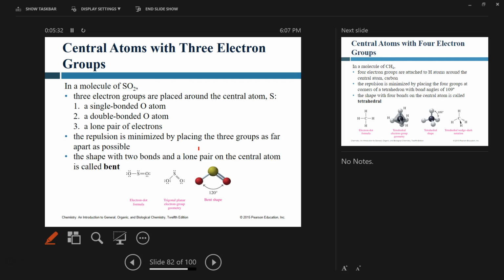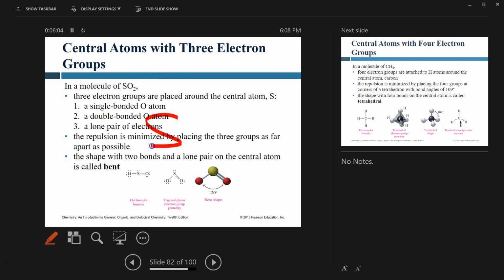Now, another example is the molecule of sulfur dioxide. In order to properly draw this molecule, let's count the number of valence electrons. Okay. So, sulfur, let me erase it for a second.